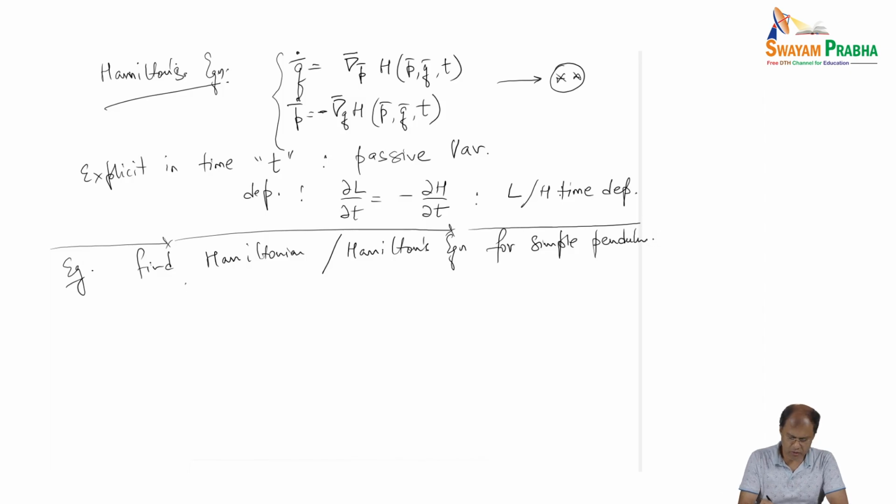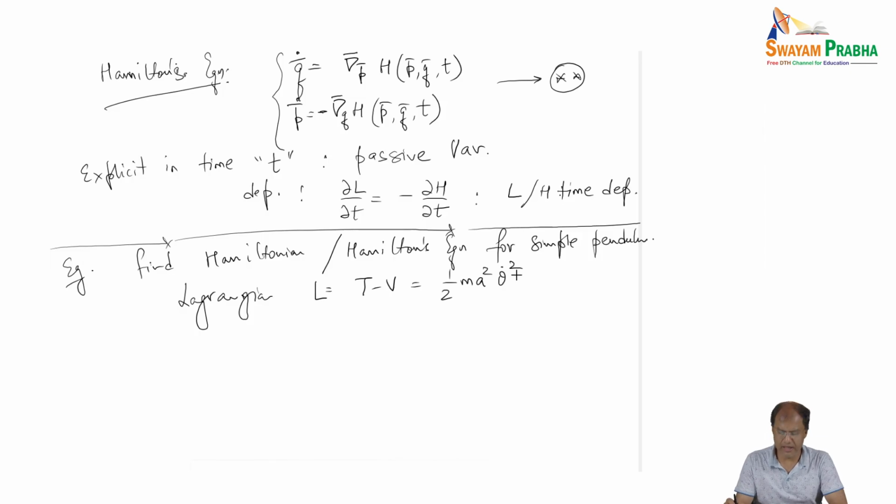Okay, so we have the Lagrangian L given by T minus V, and we see that the Lagrangian is half m a square theta dot square, so that's my kinetic energy, plus mga cos theta, right?